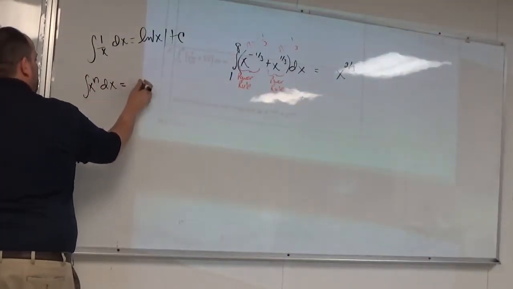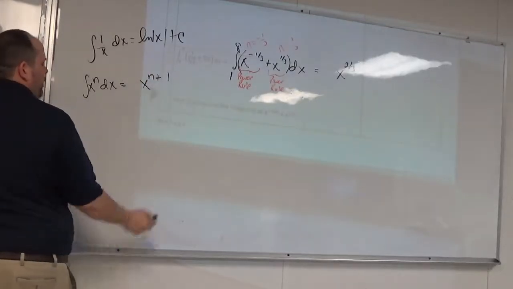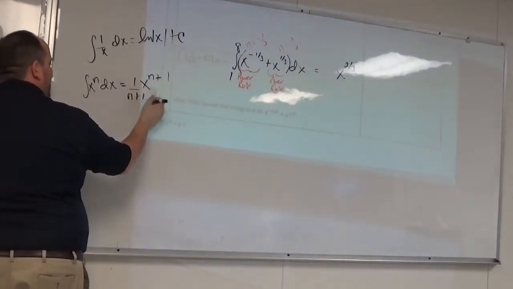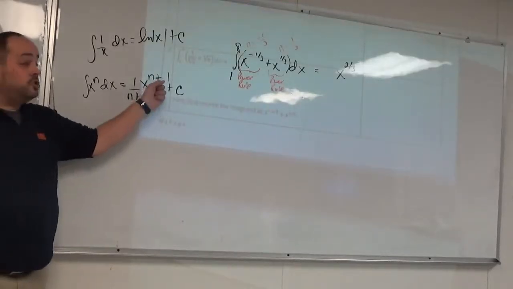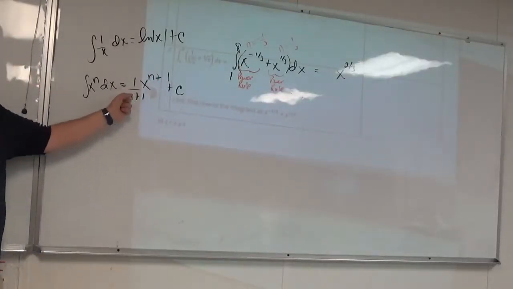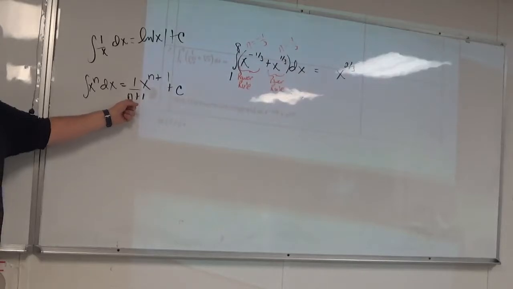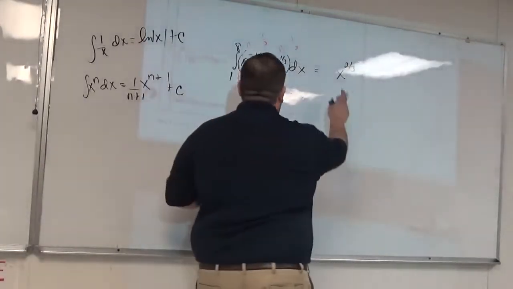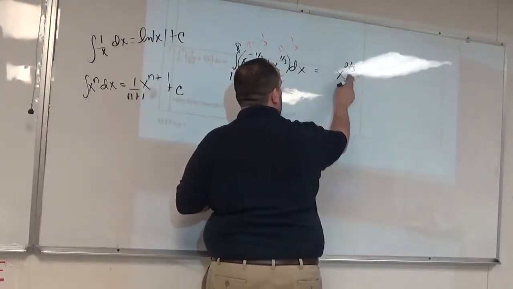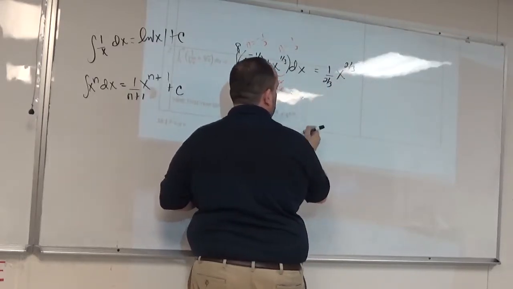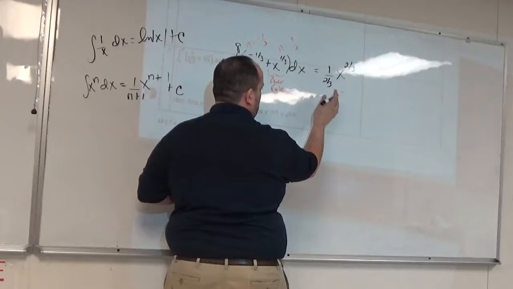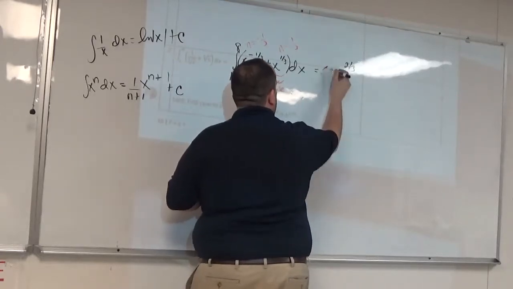Power rule says add 1 to the power and then we divide by the new power, because the derivative would say bring the power down and multiply. So if I add 1 to the power, I get x to the 2/3. 1 divided by 2/3, you guys all know what that is. 3 over 2.